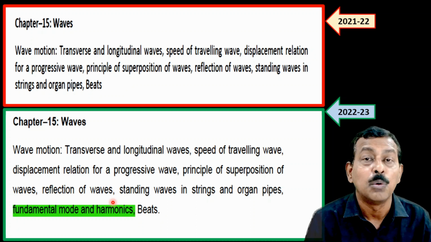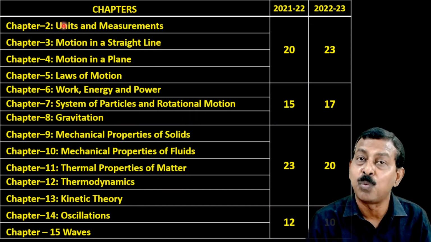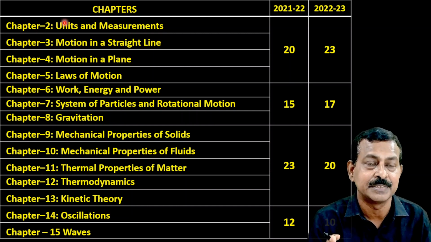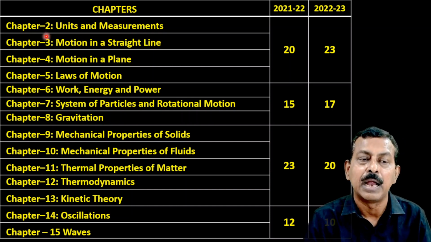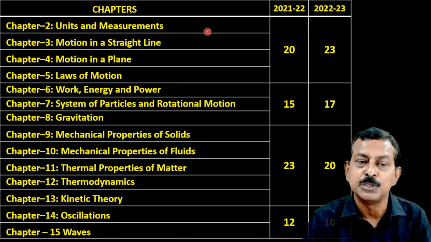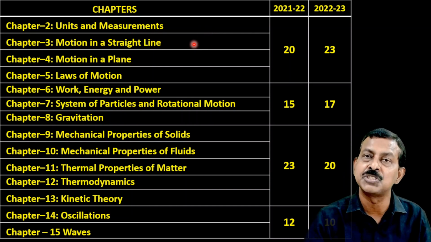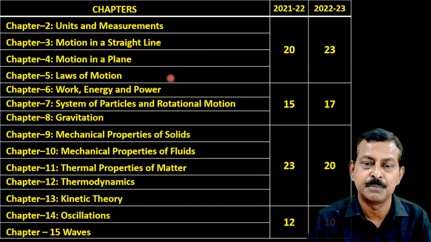Now let's see what the change is in the marks distribution. Chapter 1 is not there in the syllabus because the entire first chapter was deleted. That is, physics and its scope. And here, units and measurements, chapter 2, motion in a straight line, chapter 3, motion in a plane, chapter 4, and laws of motion, chapter 5.